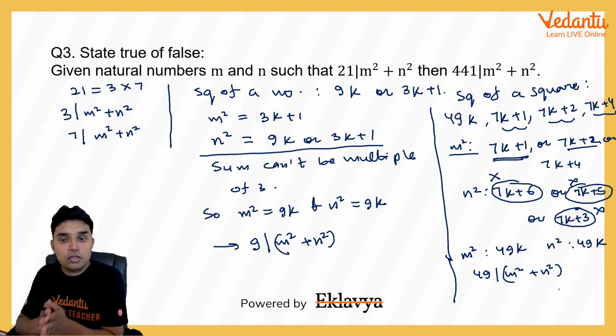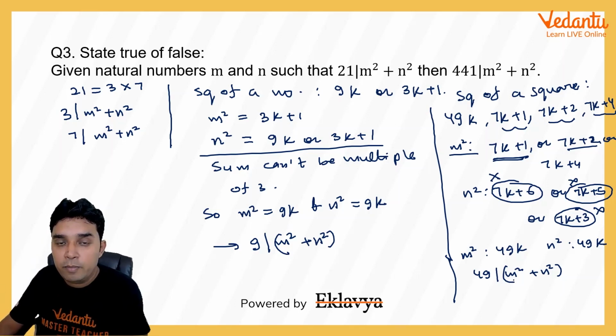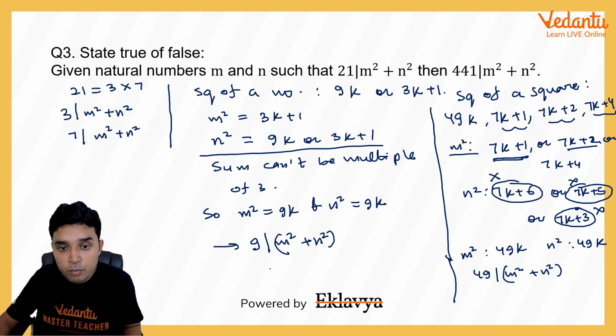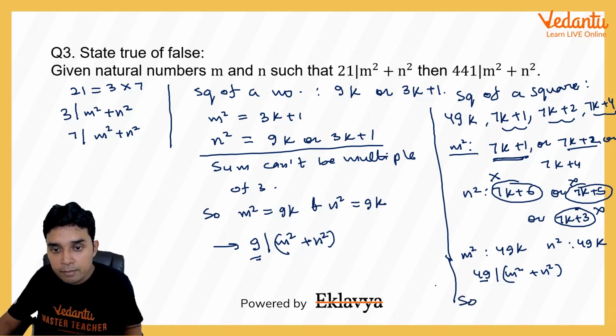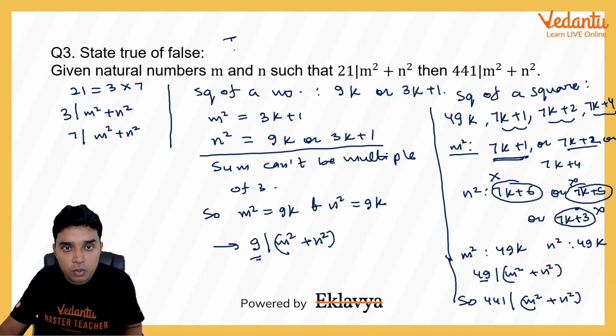So their squares will be multiples of 49 each, and hence divisible by 49. Because 9 and 49 are co-primes, and 9 divides and 49 also divides m square plus n square, combining them, their product, which is 441, should divide m square plus n square. So this is how the question is done, and hence the statement is true.